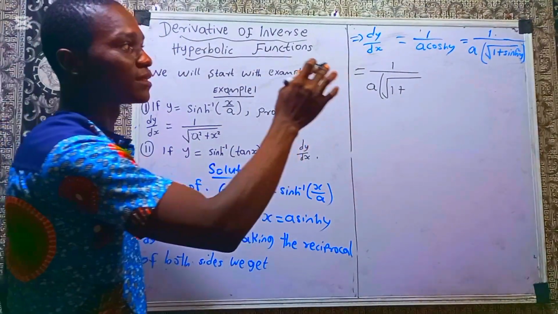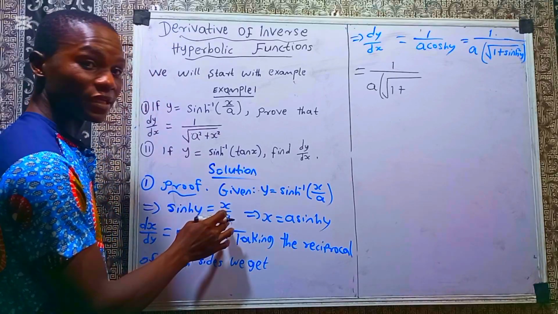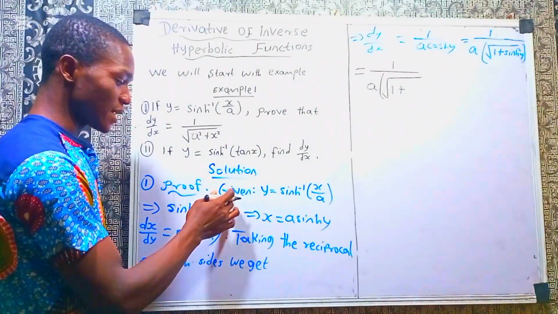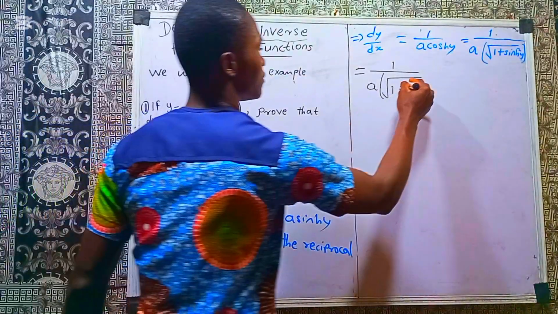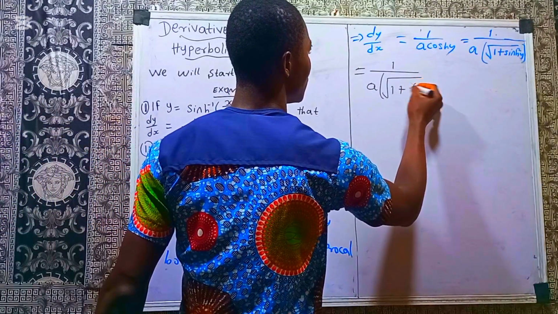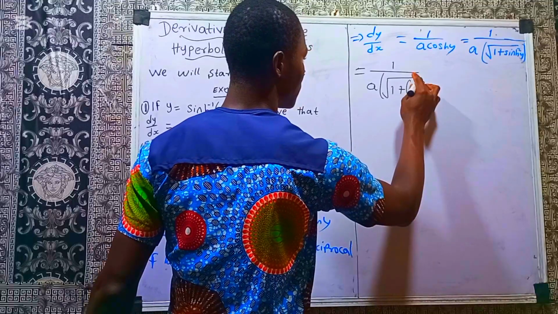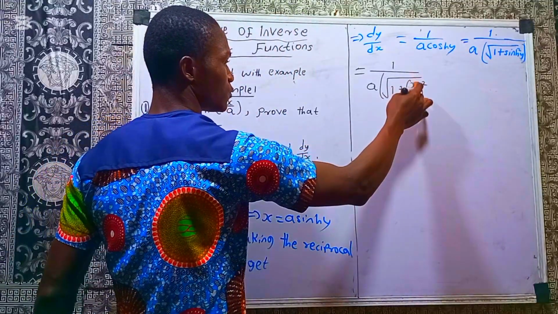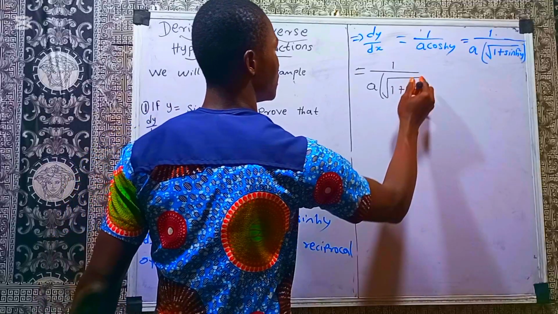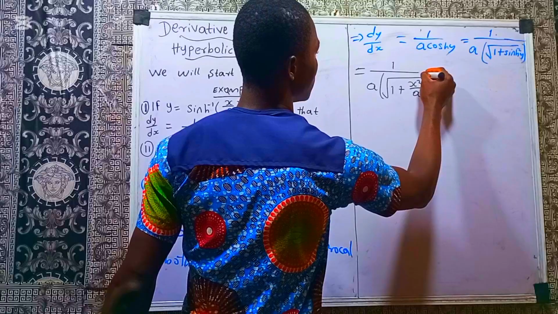Then hyperbolic sine squared y will be x over a all squared, which is the same as x squared over a squared.